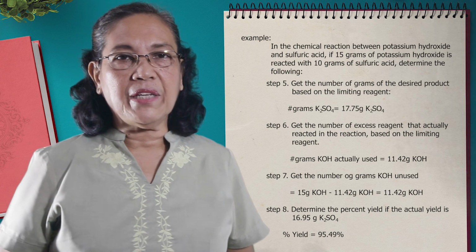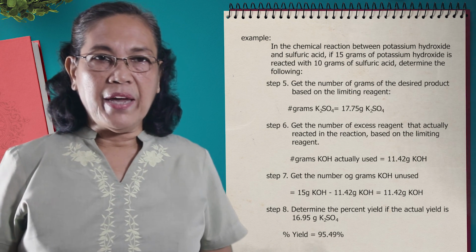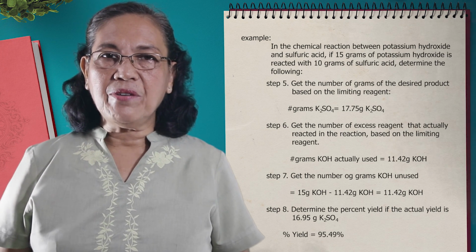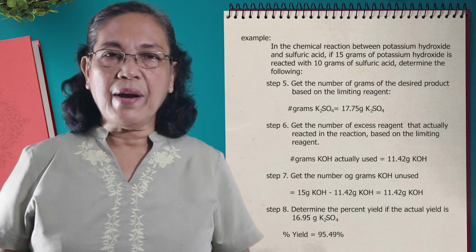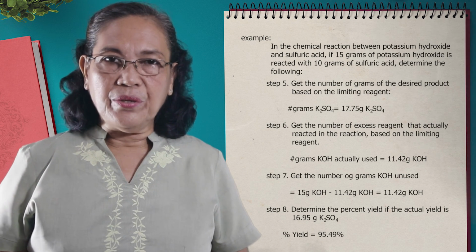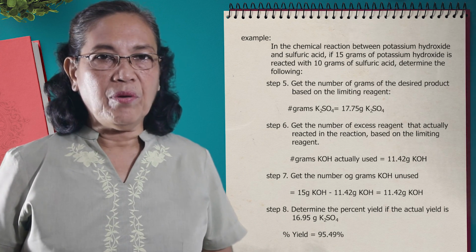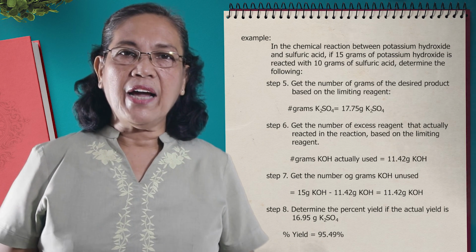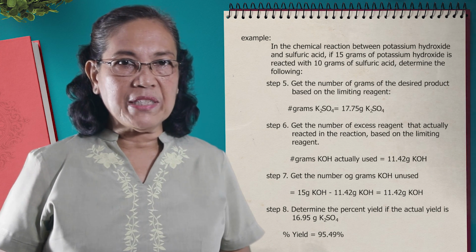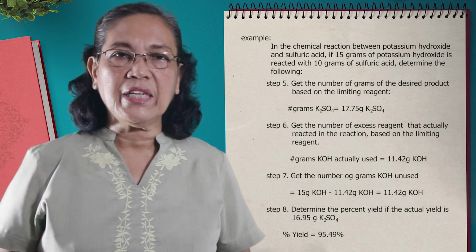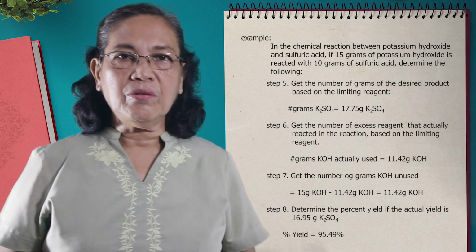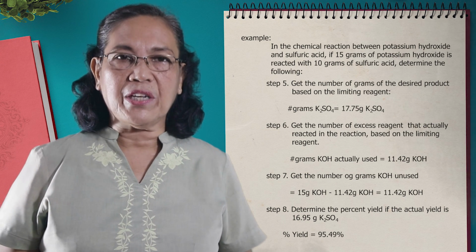First, we have to solve the number of moles of the desired product based on potassium hydroxide. If we base it on potassium hydroxide, since there are 15 grams of potassium hydroxide reacting with the sulfuric acid, so getting the number of moles of the desired product, you just multiply 15 grams of potassium hydroxide with that of the relation that you have established between the mole and the gram relation, which is 1 mole of the potassium sulfate is to 112 grams of potassium hydroxide.